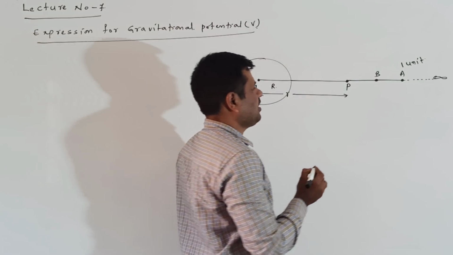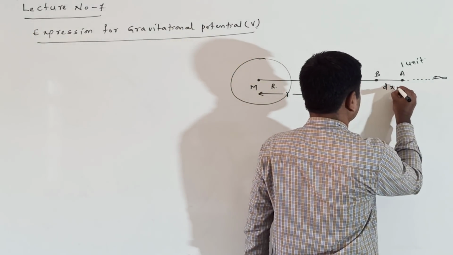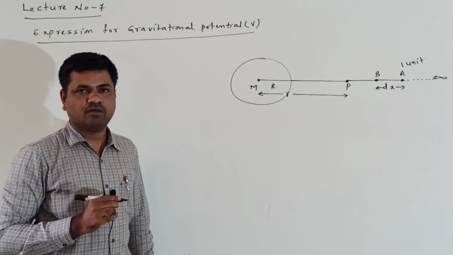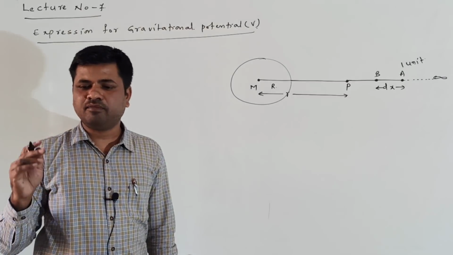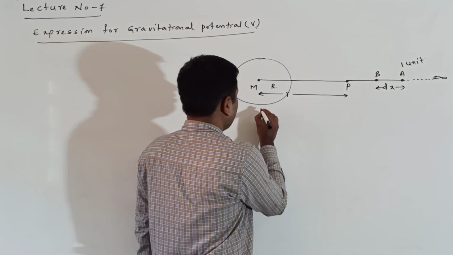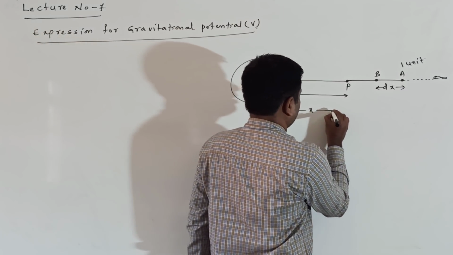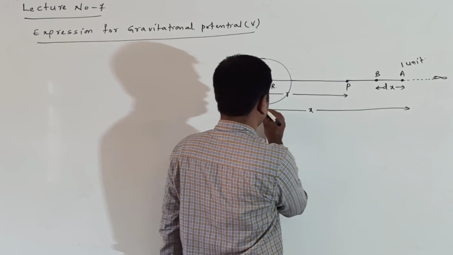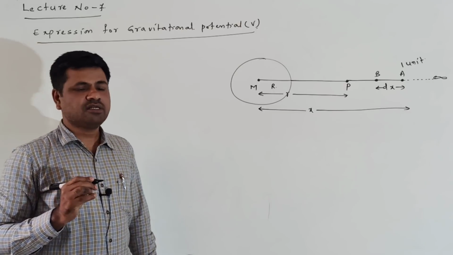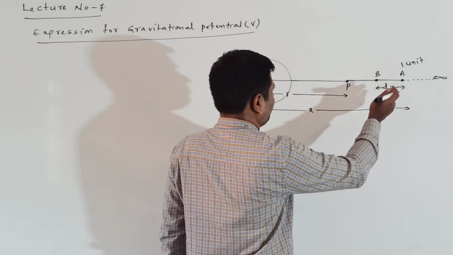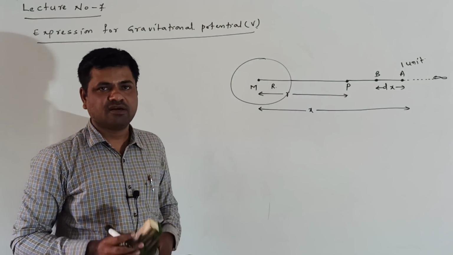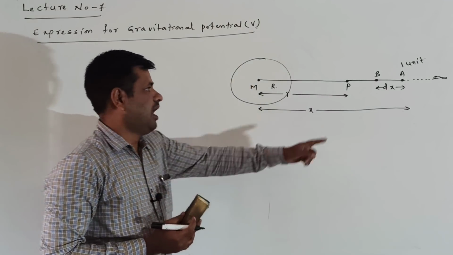The unit mass I am bringing from A to B through a small distance dx. That A point is at a distance x from the center of the earth. So there is a force of attraction between the mass capital M, the mass of the earth, and the unit mass.